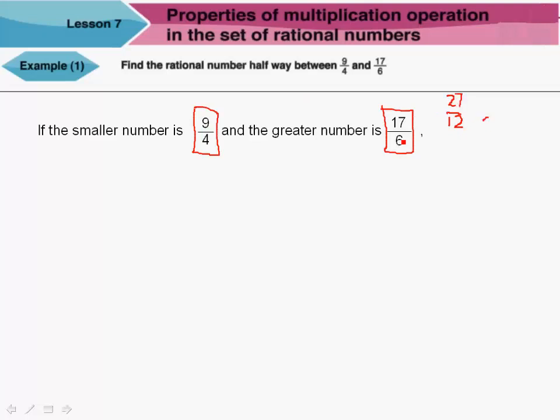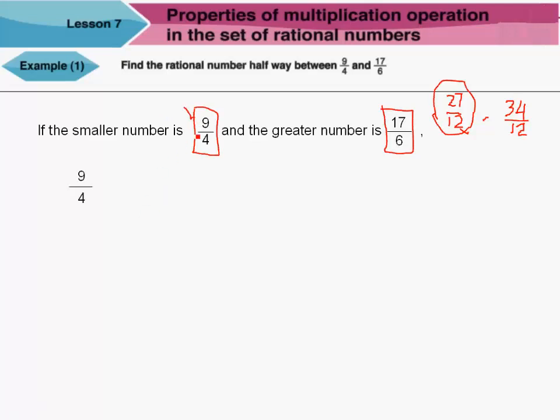What about this? 6 multiplied by 2 gives 12. So we have to multiply 17 times 2 also, which gives 34. So, which is smaller? Of course, this one, which is 9/4.